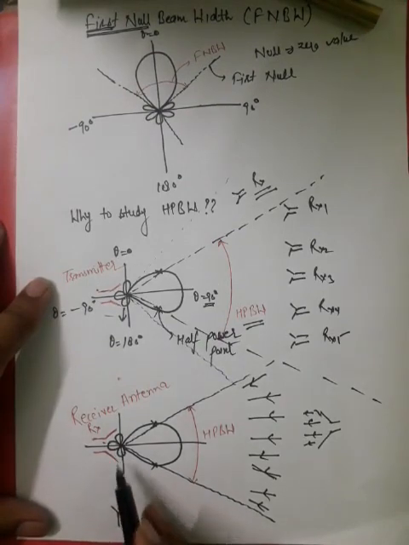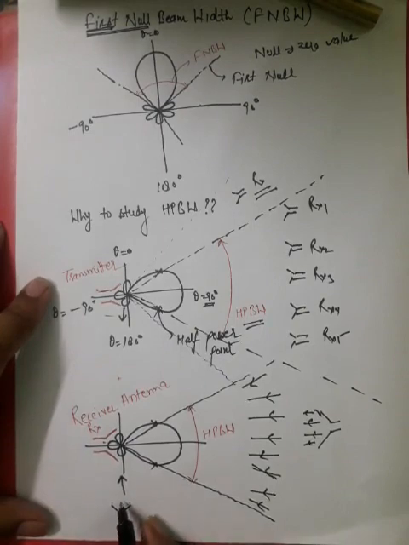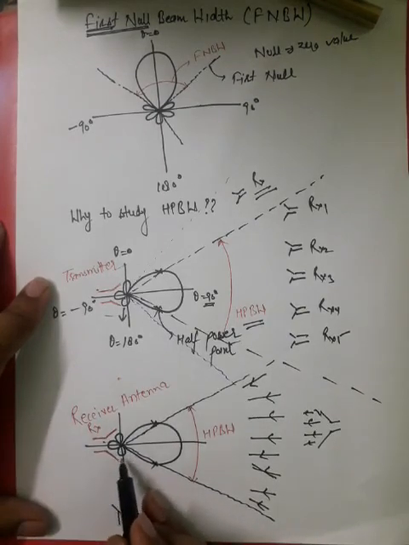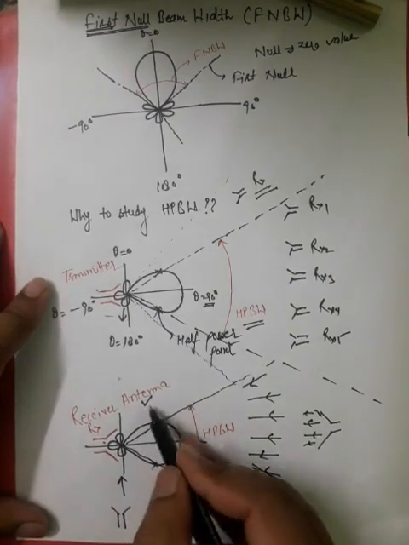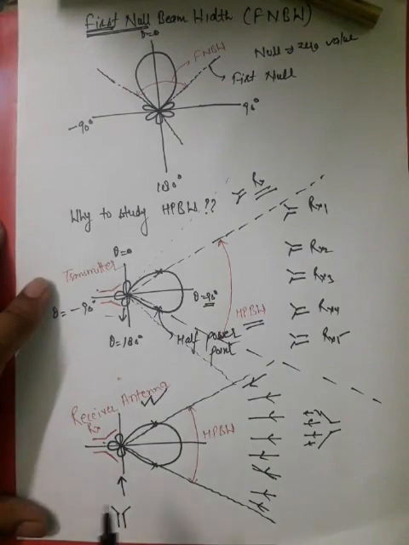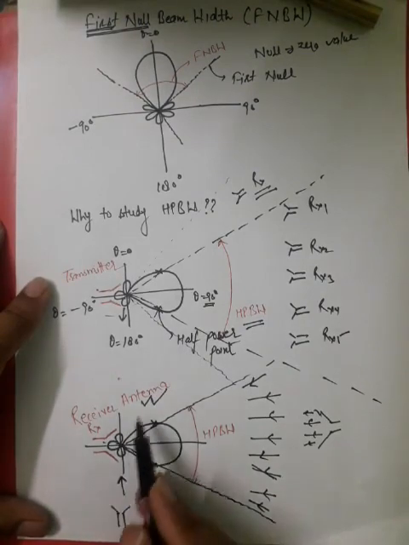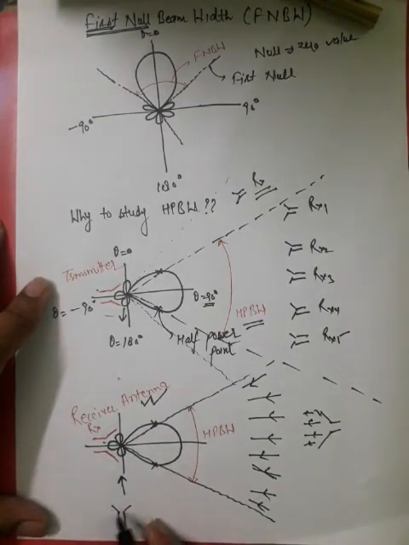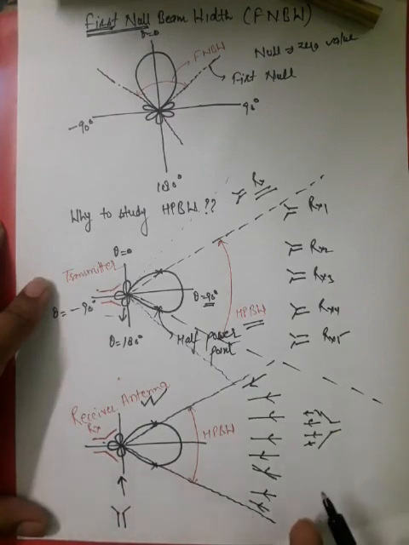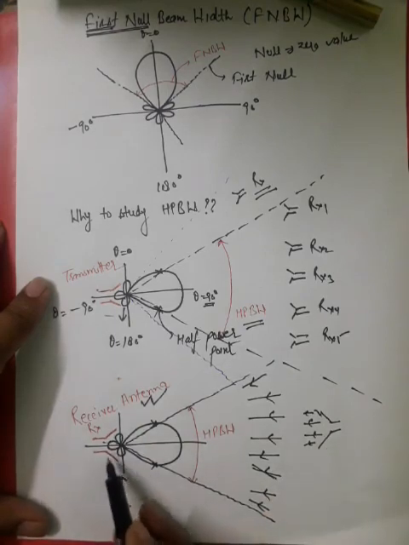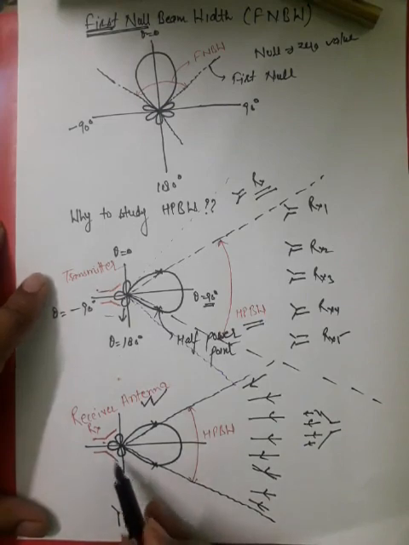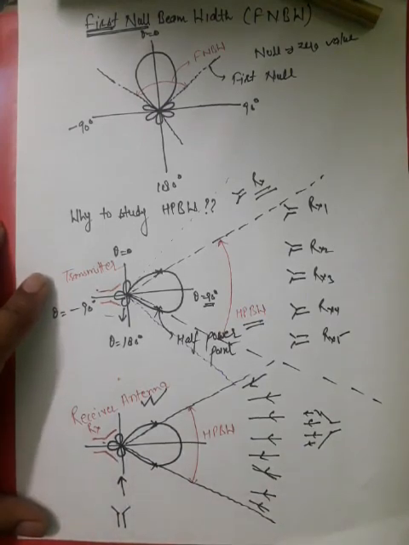So you are now supposed to receive power from this antenna, but it will get received through this minor lobe. So it will create interference at the receiver antenna. So if you have to avoid the reception of signal from this antenna, you may have various techniques through which you can change the direction of your minor lobe. So changing the direction of minor lobe we will study when we look for our antenna array.